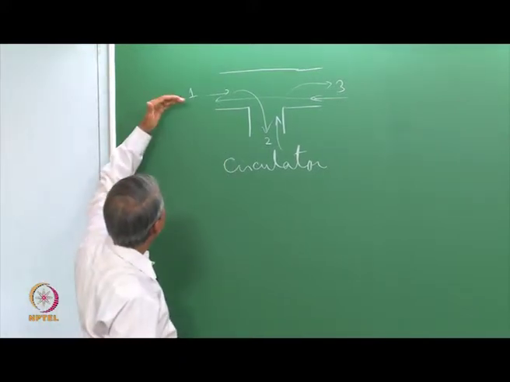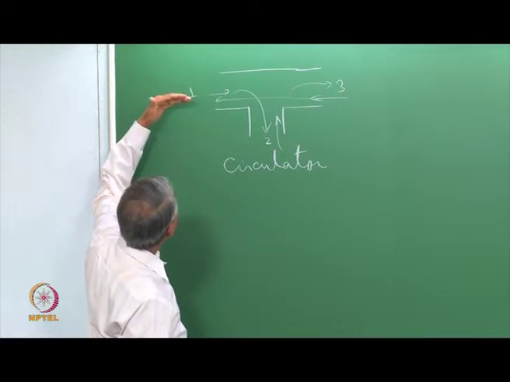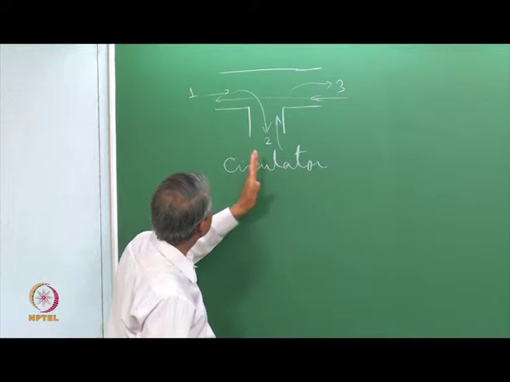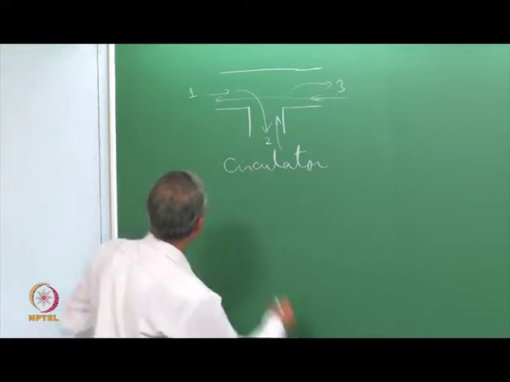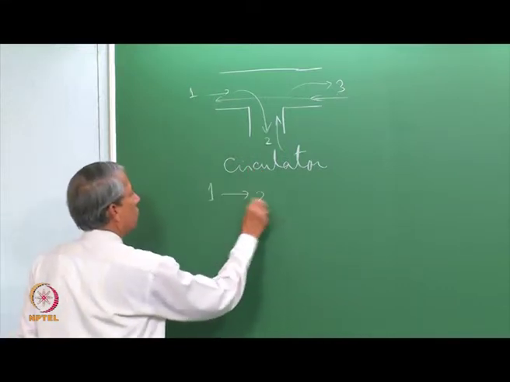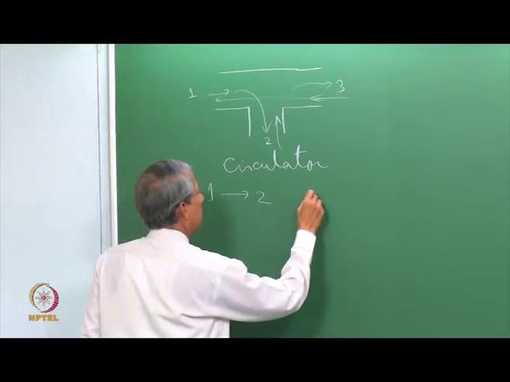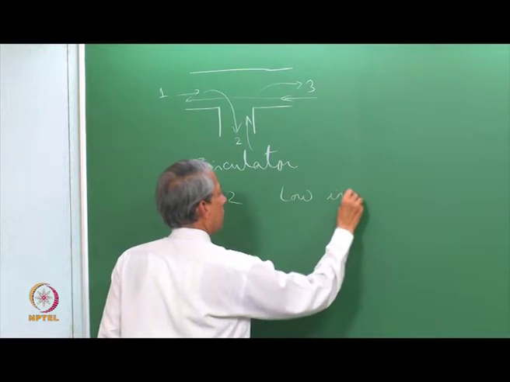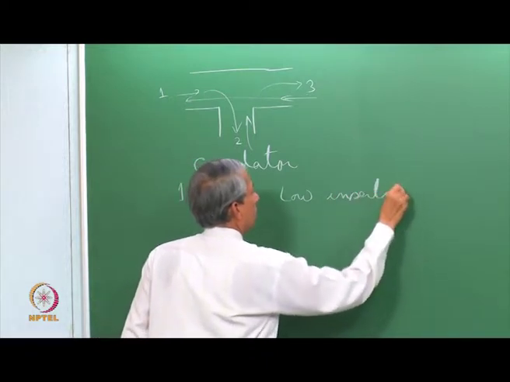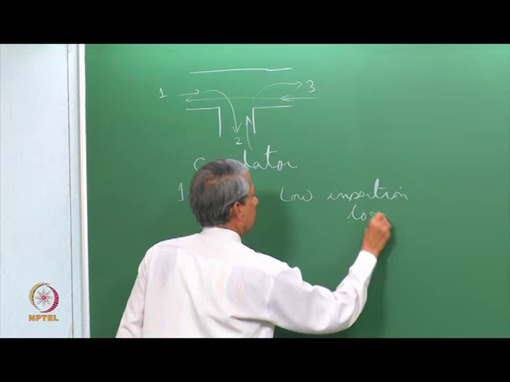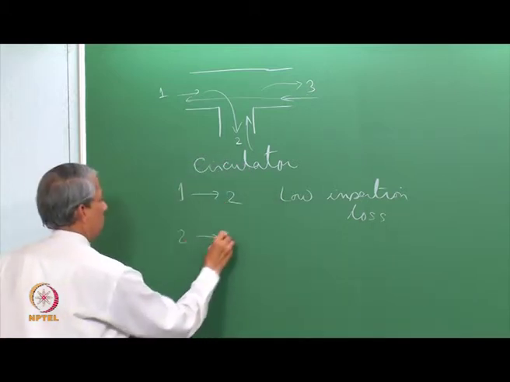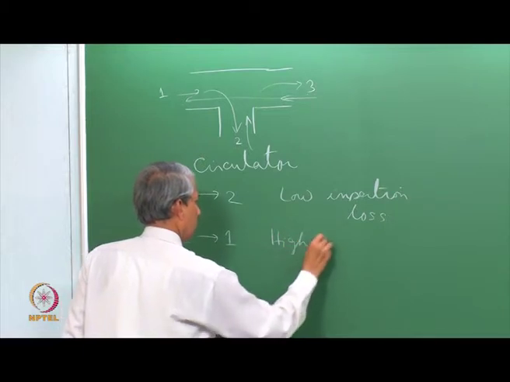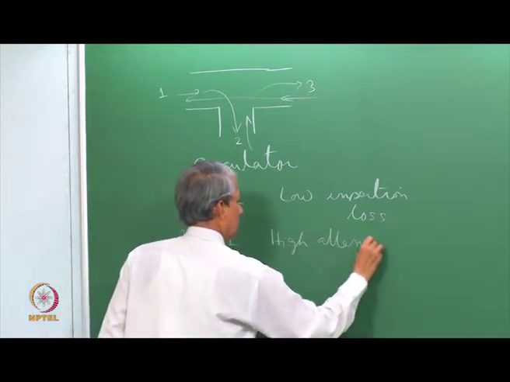That is, the property for the radiation to go from port 1 to 2 is not the same as the property for radiation when it enters 2 to 1. In other words, 1 to 2, I may say this gives a low insertion loss, but 2 to 1 gives high attenuation.